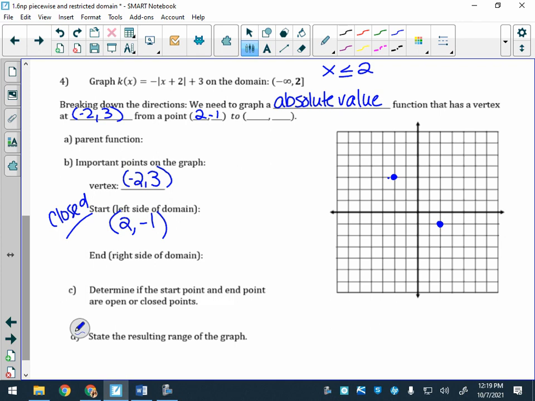What else do we know about this equation? We know the slope, which is negative 1, which makes it reflected too. So if we start from the vertex and use down 1 to the left and right, we are going to get our full graph. But on the left-hand side of that V, what do I have to include? An arrow. Excellent.